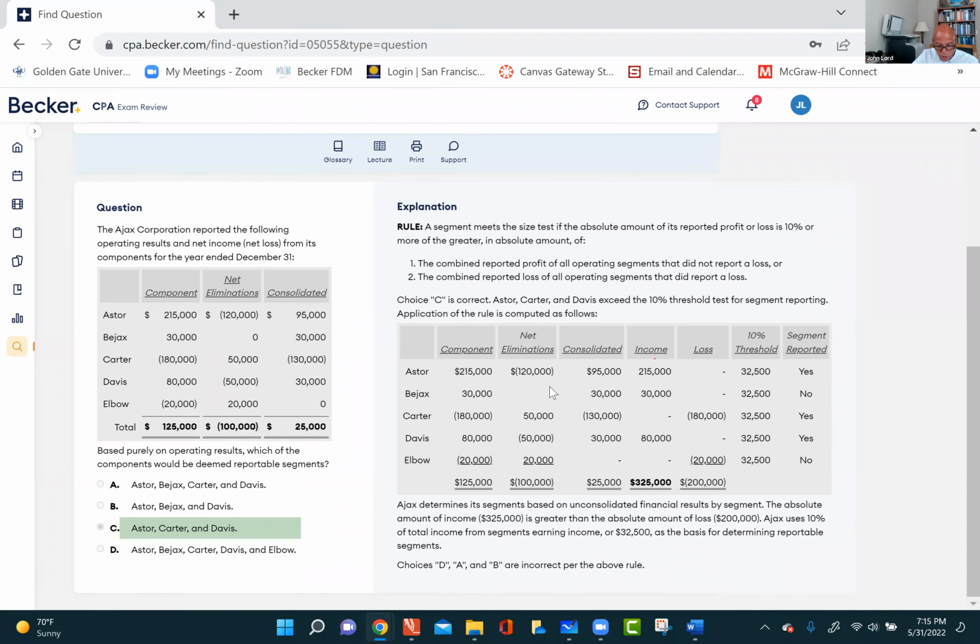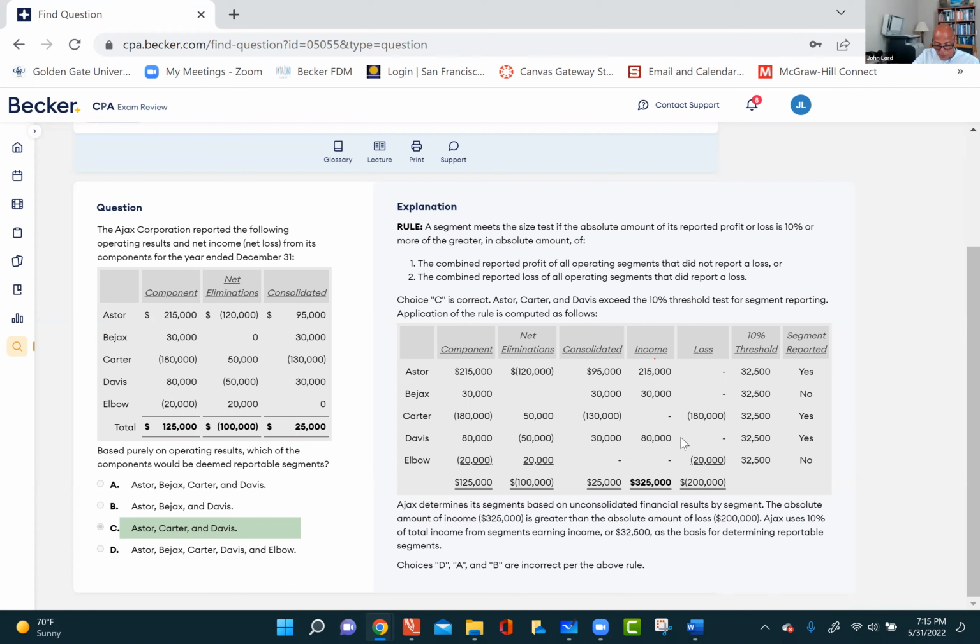So when you look at the solution, they're picking the income or the loss. The 215, the 30, and the 80 are all the profitable, and then they pick out the two losers, Carter and Elbow.